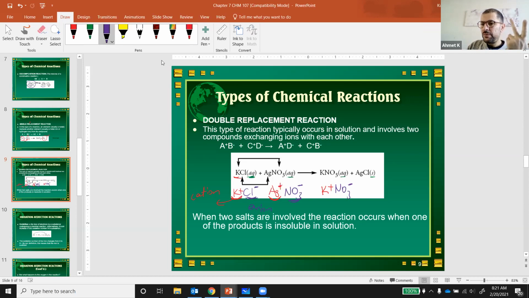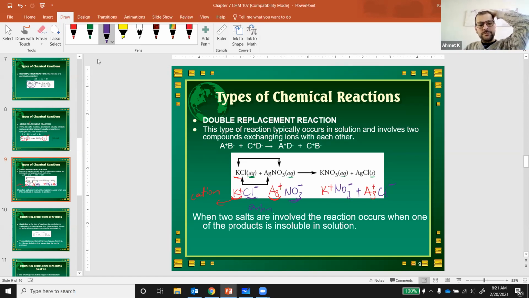You're just switching around. That's what it is. And then you're getting the other product, which is silver, and silver is mixing with the chlorine. Make sense? This is what it is, really. Okay. Any questions with this, everyone?